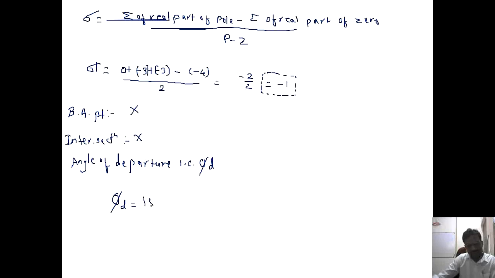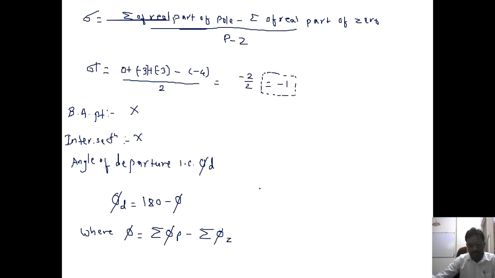Phi d is 180 minus phi. This is the angle of departure, where phi is the summation of angles made by poles minus the summation of angles made by zeros. Okay, so these two formulas you need to learn while calculating the angle of departure or angle of arrival.